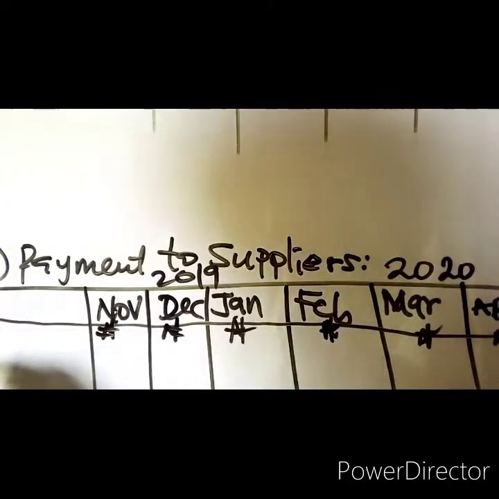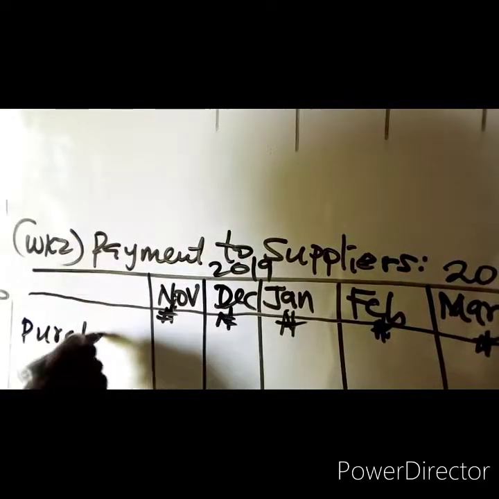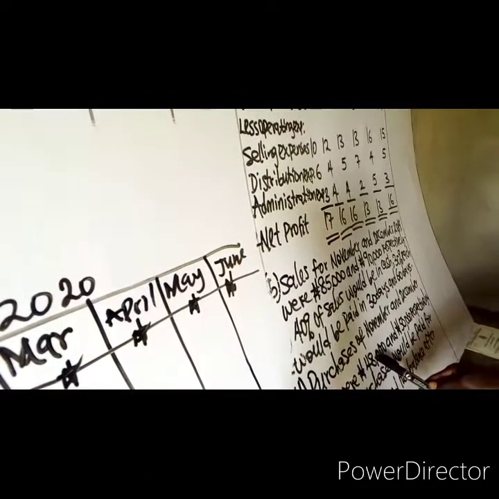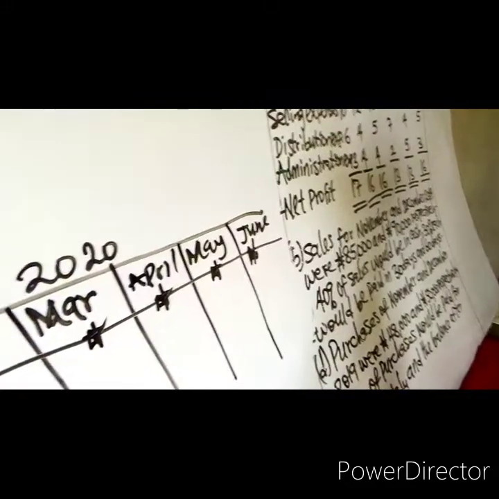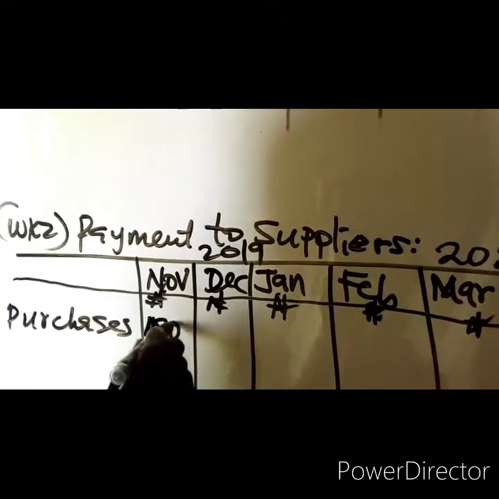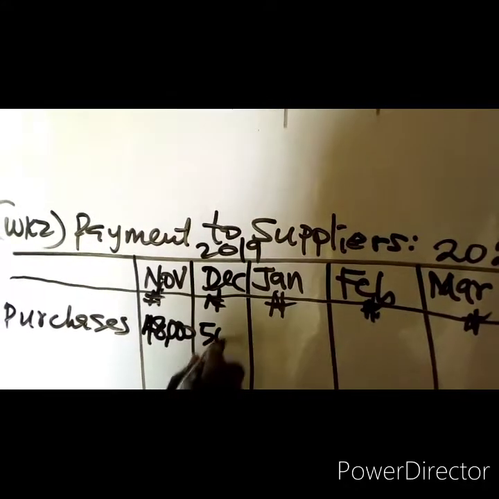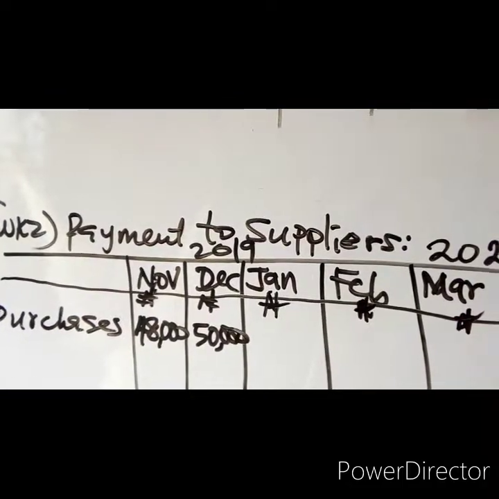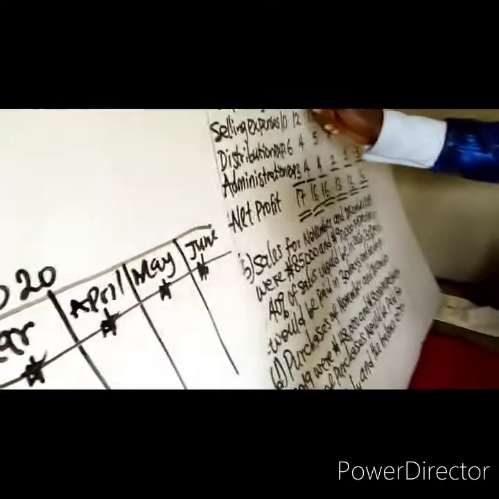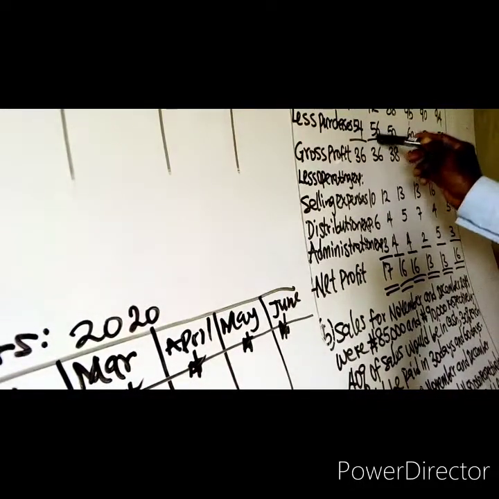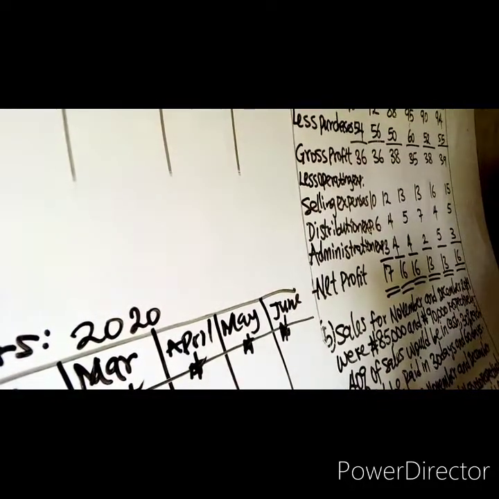So the purchases now. Purchases for November and December 2019 were 48,000 naira and 50,000 naira respectively. So for November we have 48,000. December we have 50,000. Then from the budgeted statement of profit or loss, we have purchases of 54,000 for January and 56,000 for February.